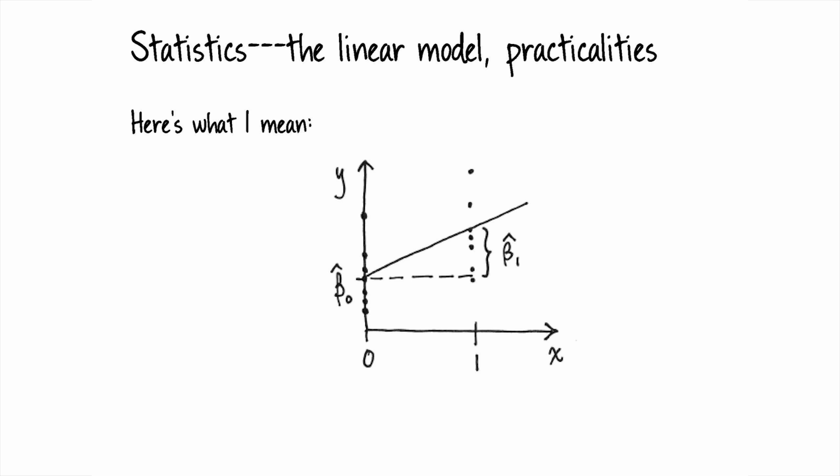Then when we estimate, beta naught hat is interpreted as the mean of the group of observations that have the dummy variable equaling 0, and beta 1 hat is the increment in the mean, or the effect of having the dummy variable equal 1.